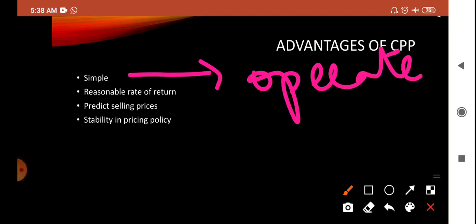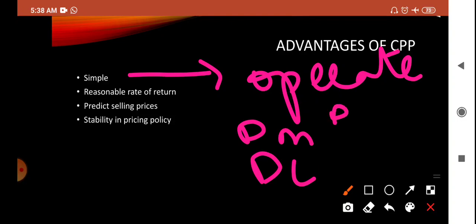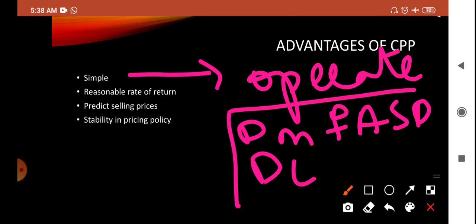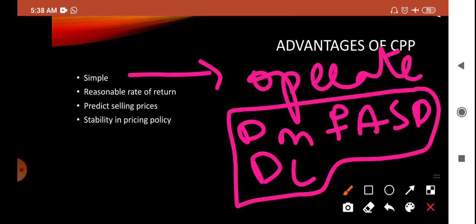So I told you direct material, direct labor, and all the indirect cost, that is fixed, administrative, selling and distribution expenses. So if we know all the cost of a particular product, if the cost structures are known, it is very simple to operate, in the sense it is very simple to calculate the pricing under cost plus pricing.